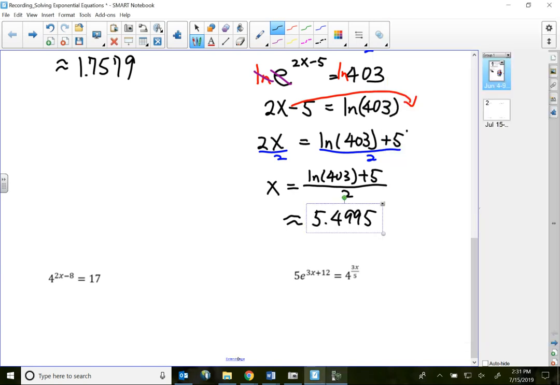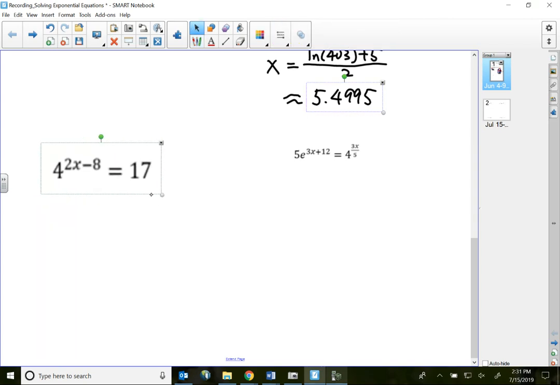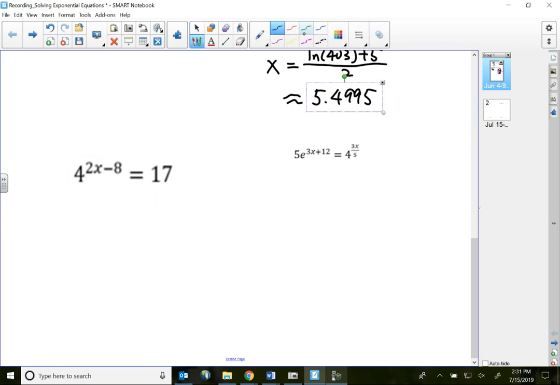All right. Now this one here on the left, I cannot make 17 into a base 4. So if I cannot make the base the same, what I'm going to do here is take a log on both sides. Because taking a log on both sides, by the power rule, the exponent will come to the front and become a multiplication with the log.